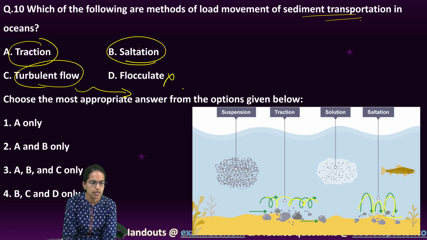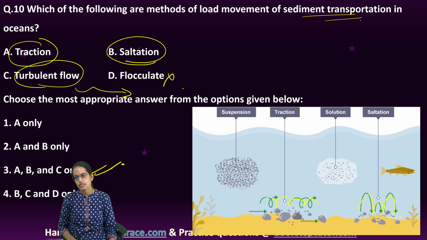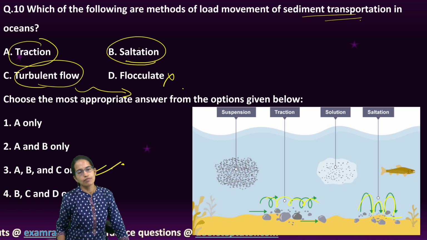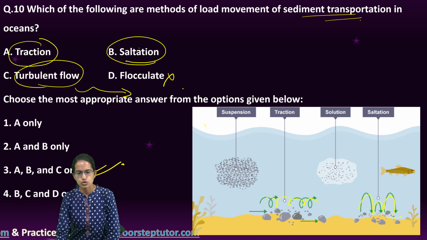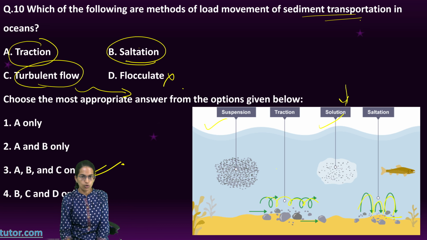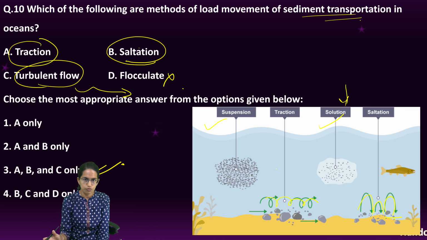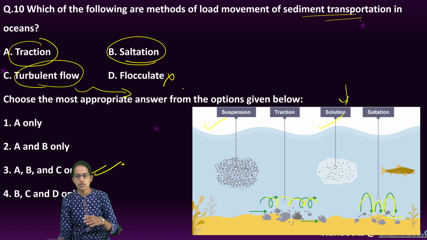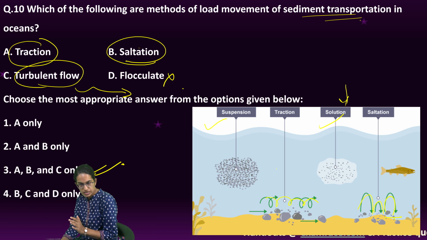So A, B and C are the correct options here. So those are some of the important methods. And then we also have suspension, solution. Those have not been mentioned, but these are some of the common methods that we talk about for the load movement of sediment transportation. So this was about some of the important questions that we have covered.